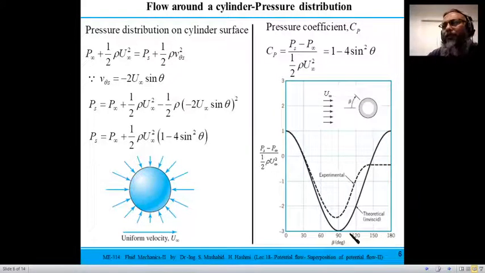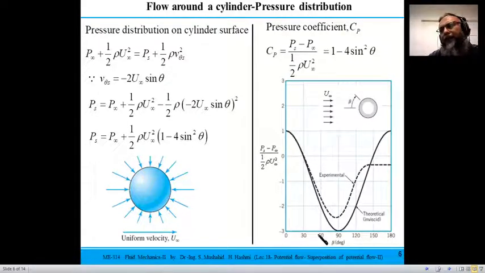If you see this theoretical curve, it is perfectly symmetric. But if we see the actual curve from an experiment, from 0 up to 40 degrees, both lines are coinciding. So the theoretical curve, which comes from inviscid flow theory or potential flow theory, is being followed by the experiment.